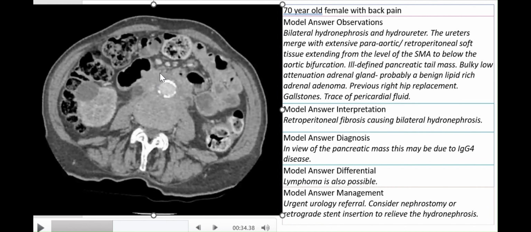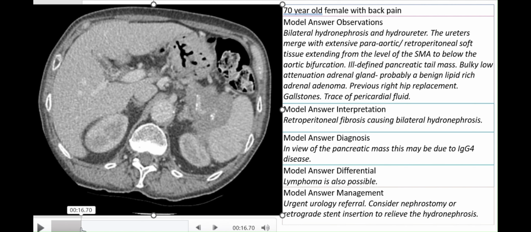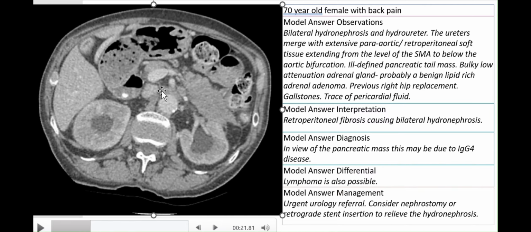This retroperitoneal soft tissue mass is seen also para-aortic, okay? It is a para-aortic mass, and it started here, the soft tissue mass is starting here, okay? At the level of the origin of the superior mesenteric artery.